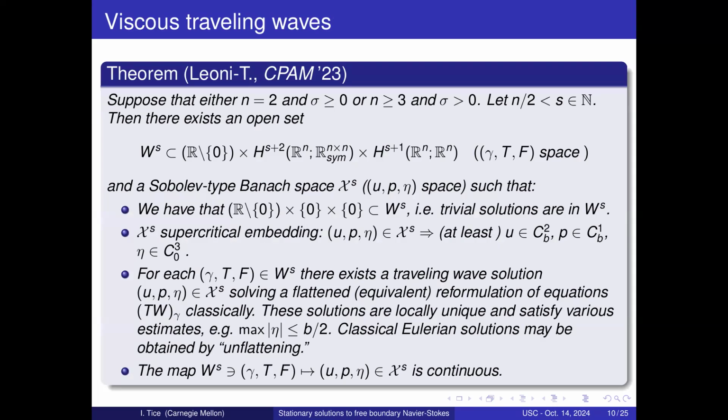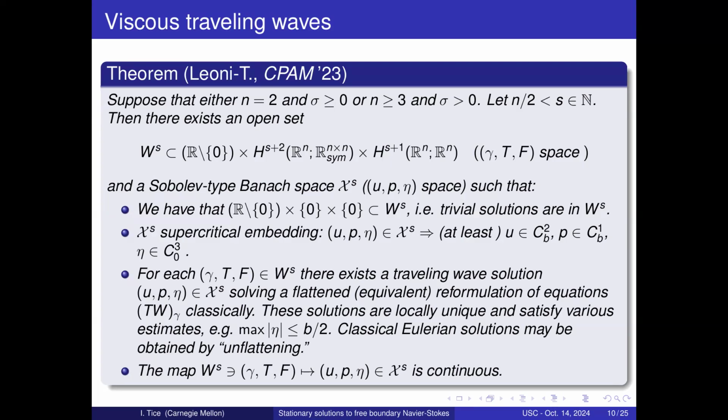But the theorem says that given the dimension, there exists a regularity parameter s such that the following are true. The first is that we can find a non-empty open set W_s that is contained in the space where we would expect the free surface, the traveling wave speed, the applied surface stress and the applied force to live.